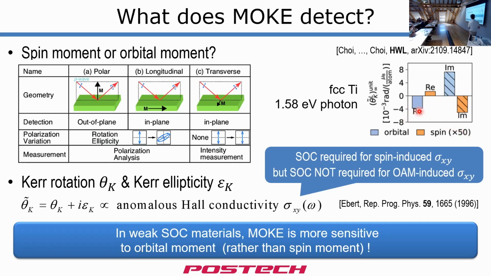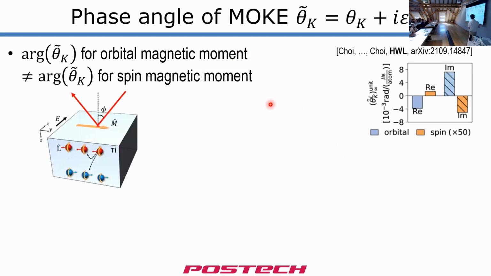So we see that again, this orbital response is much larger for titanium, at the photon energy of 1.58 electron volt used in the experiment. Professor Jung-Min Cheok will present his result right next to me. And there is still another method.